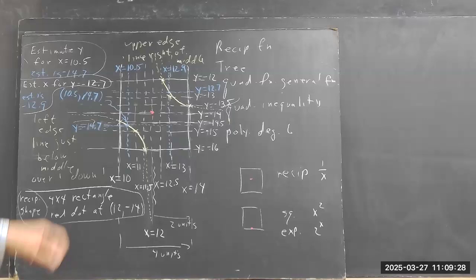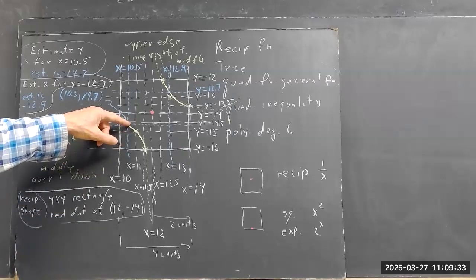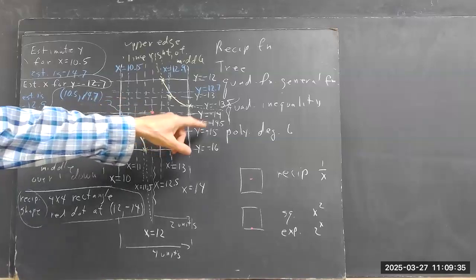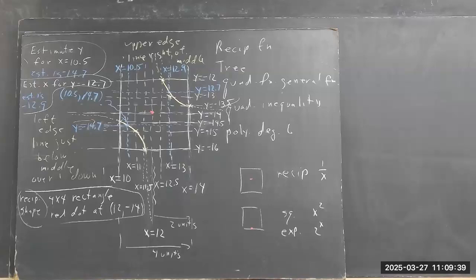Okay. And my error here, I estimated this as negative 14.2 because it's about 0.2 of a unit below this line. But this is a 14.5 line, not the negative 14 line. So it's easy to do that. I did it. Okay. So, just silly little clerical things.